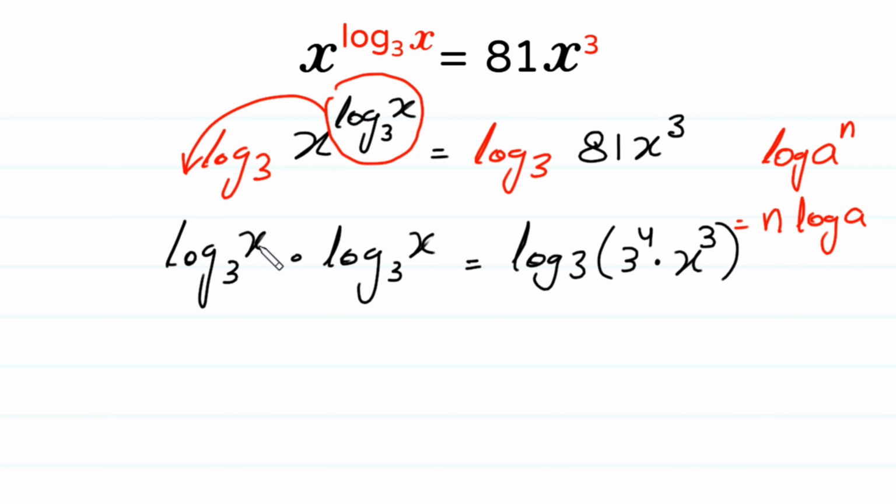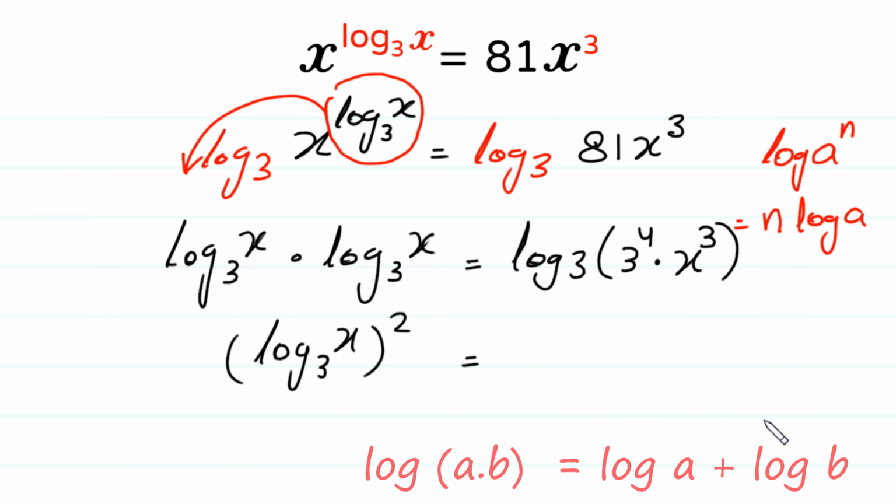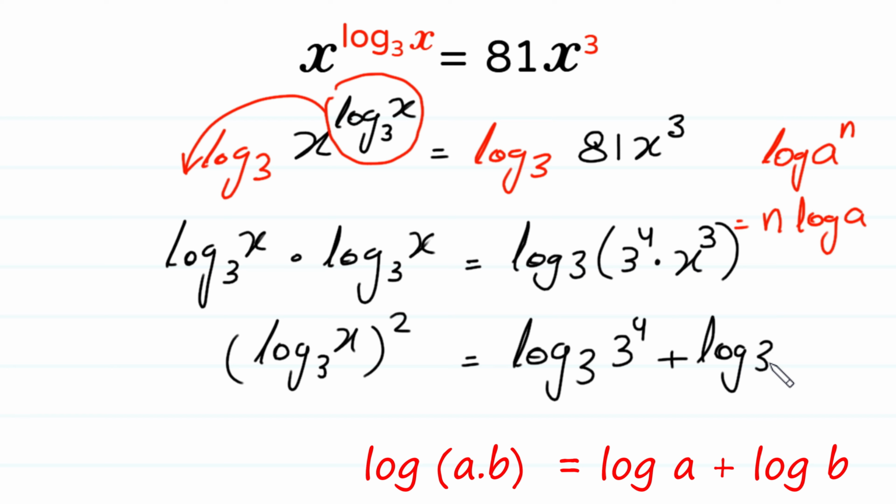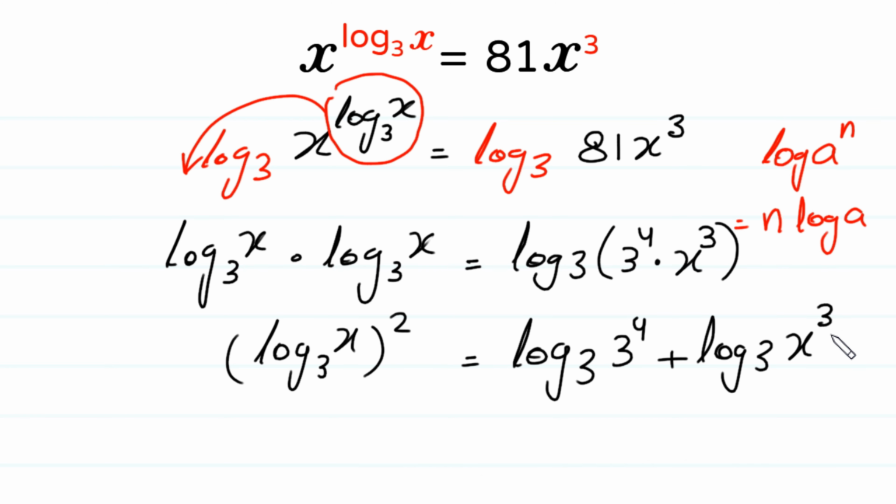Next, this log of x to the base 3 times log of x to the base 3 becomes the square of log of x to the base 3 is equal to, and there is a law of logarithms that log of a times b is equal to log of a plus log of b. According to this rule, we can write this as log to the base 3 of 3 to the power 4 plus log to the base 3 of x to the power 3.